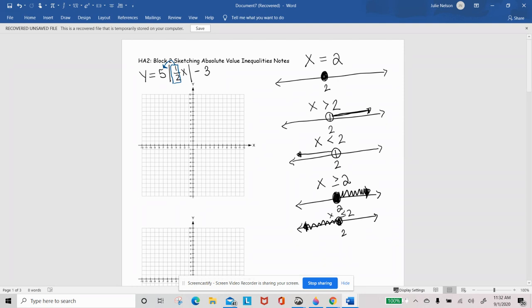Remember, you can only have absolute value of x. So y equals 5 times the absolute value of half times the absolute value of x minus 3. The absolute value of half is half, so we have 5 times half times the absolute value of x minus 3, which is y equals 5 halves times the absolute value of x minus 3.